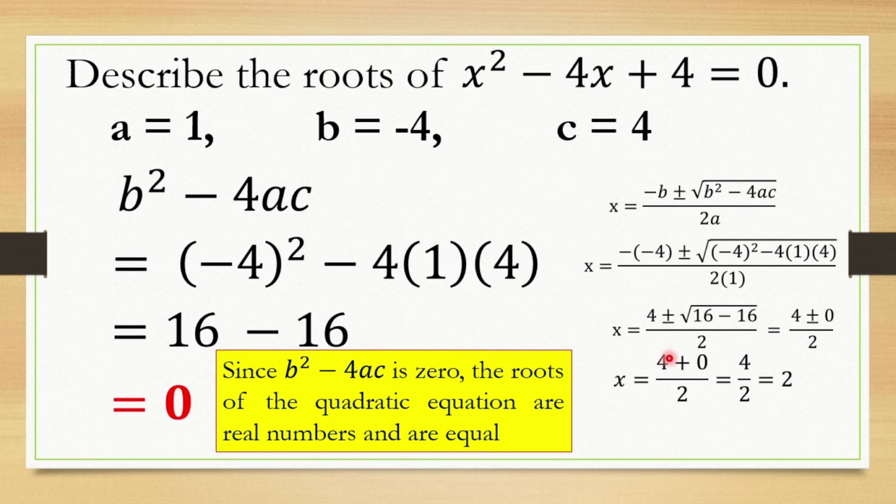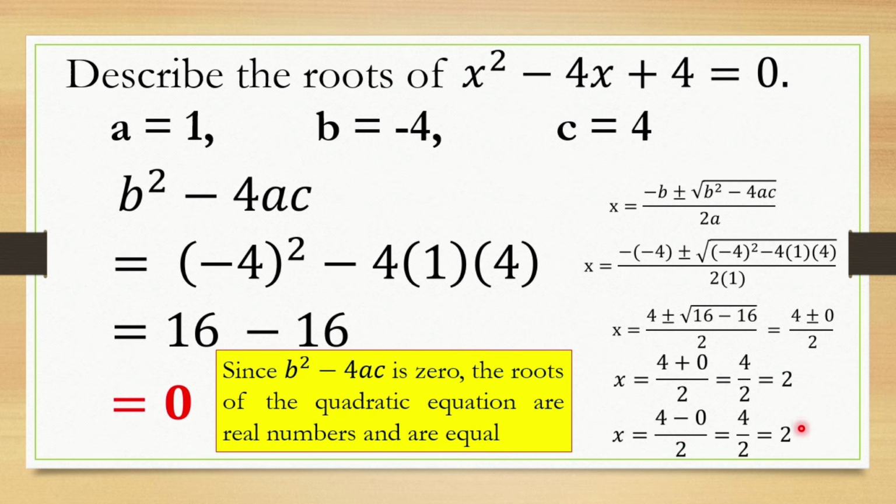So, we will now have 4 plus 0, that is 4 over 2, that is equal to 2. And the other one, since positive or negative siya, the other one is 4 minus 0 over 2. So, we will have 4 over 2, that is equal to 2.